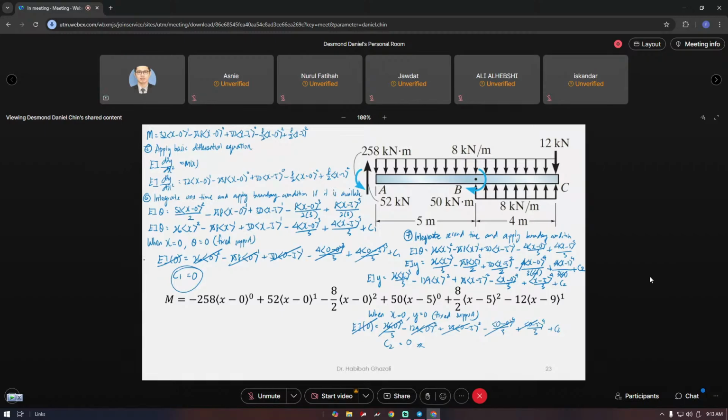Step 8. Finalize slope and deflection equation. So you have EI, okay, never mind, straight away write it.